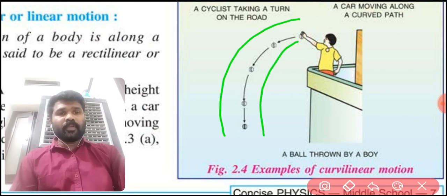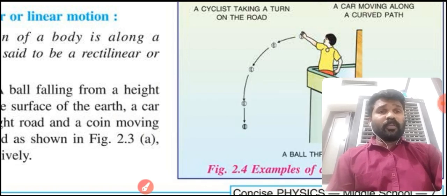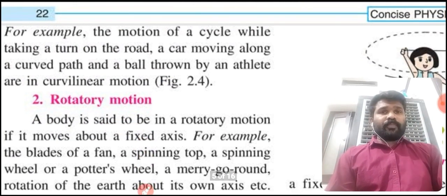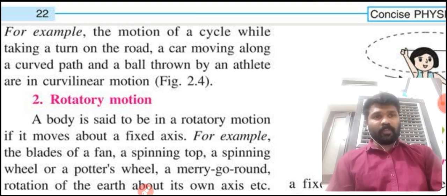So it is a good example of curvilinear motion. Okay students, the motion of a cycle while taking a turn on the road, a car moving along a curved path, a ball thrown by an athlete are in a curvilinear motion. Few examples we have already seen in the diagrams.